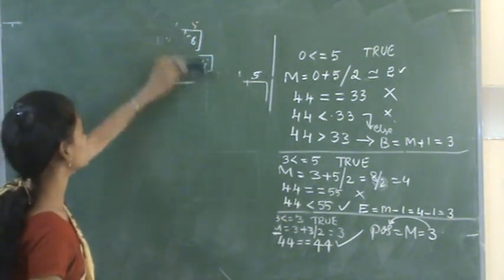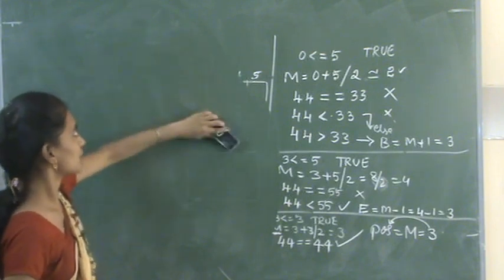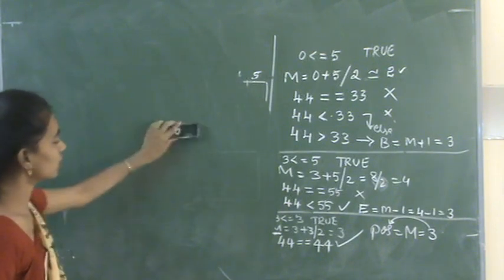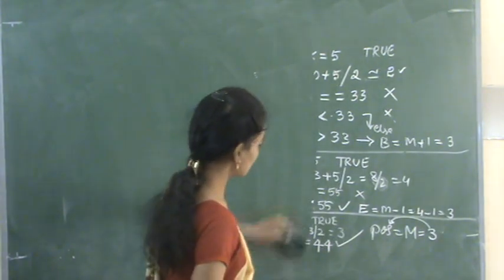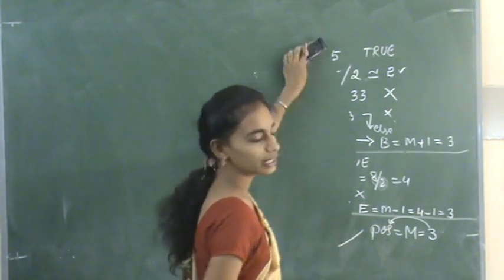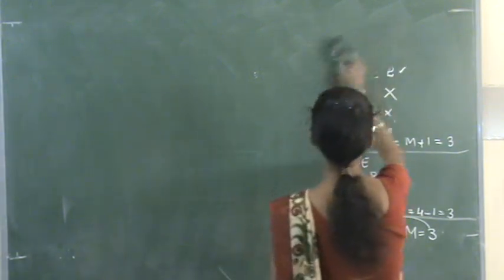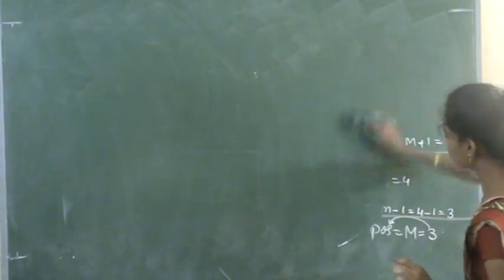The second operation is searching. In searching we studied two algorithms: one is the linear search algorithm, another is the binary search algorithm. After searching we have sorting. So the third basic operation is sorting.